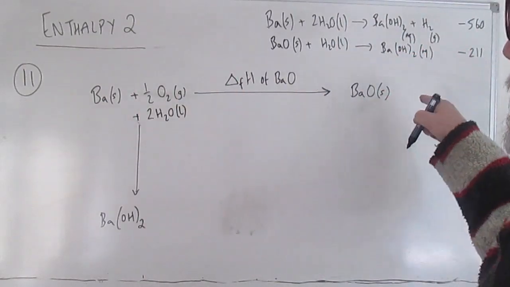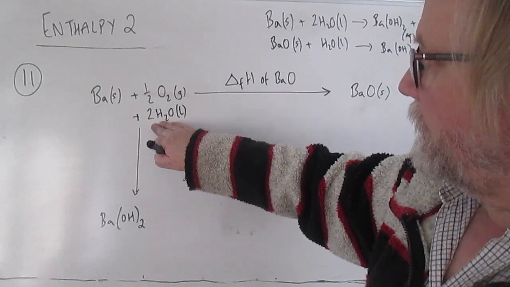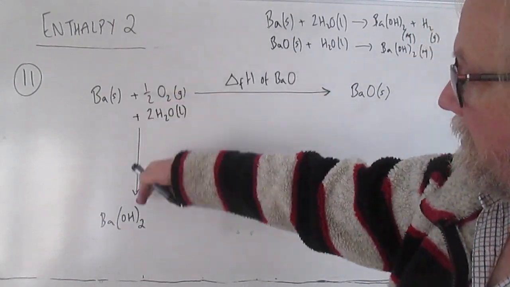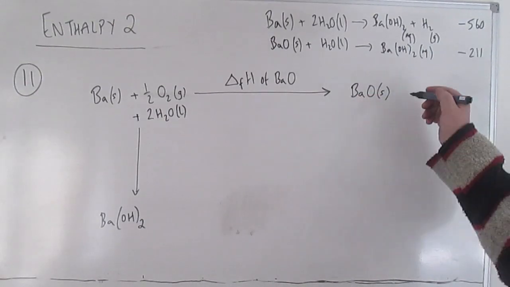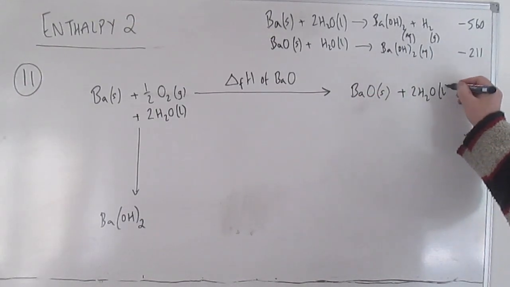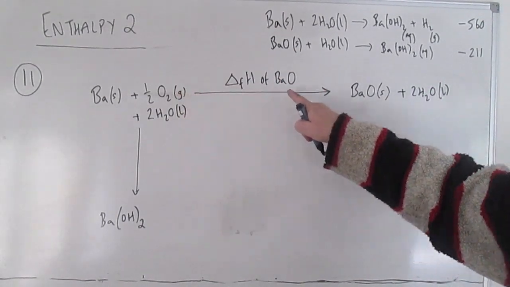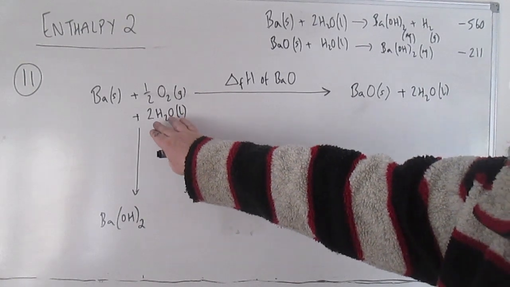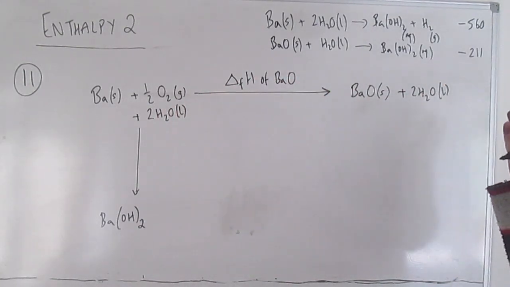But in order to keep it balanced, if we're adding two H2O's on this side of the equation in order to make the reaction to form barium hydroxide possible, we'll have to put two H2O's on this side as well. They've got to be there to keep it balanced. And in the context of this reaction across the top, it doesn't matter, because the two H2O's are there at the beginning and they're still there at the end, so they didn't change in any way.